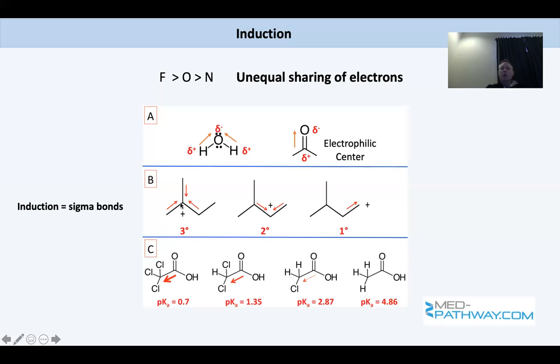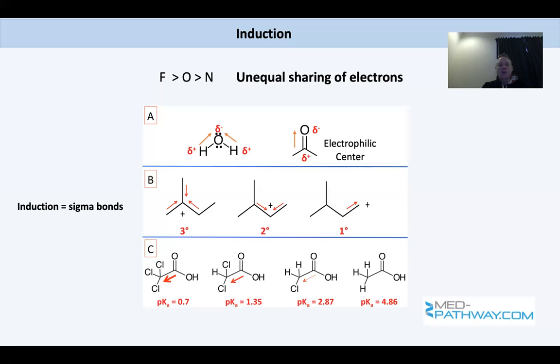Carbon is electroneutral; it doesn't want to be too positive or too negative. It's reactive when it's a carbocation, and it's reactive when it's a carbanion. So you can stabilize this positive charge on the tertiary carbocation, and you can do it with 3 alkyl groups better than you can with 2. That's why tertiary is more stable than secondary.